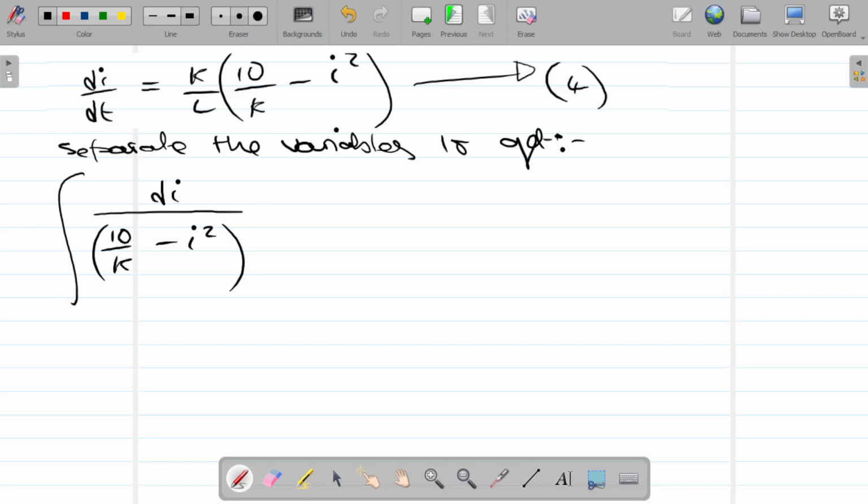Oh, and we want integral signs in there as well. And that's equal to k over L times the integral of dt. We'll call that equation 5.